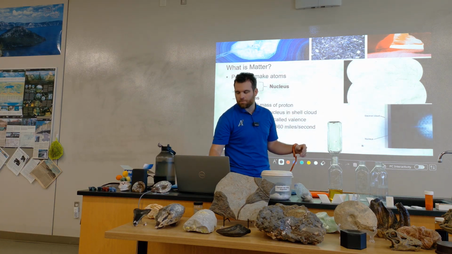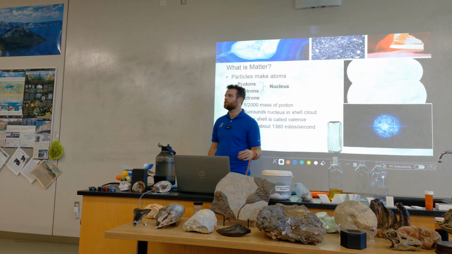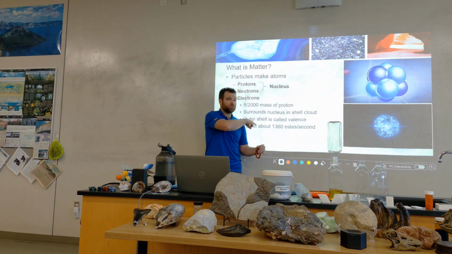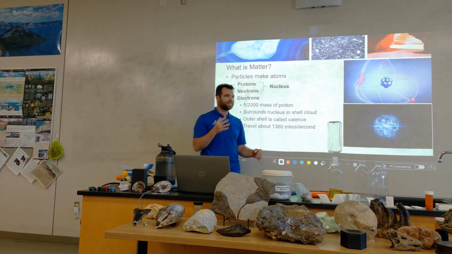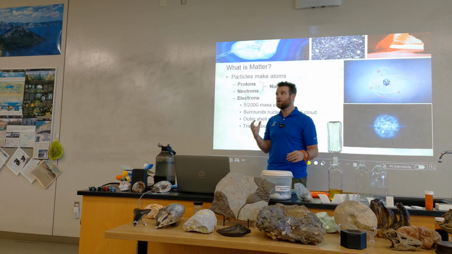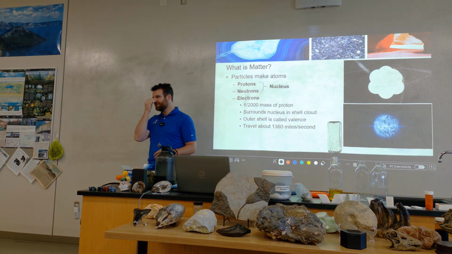What's actually happening is, think of it more like an electron cloud or shell, where the electrons are traveling so fast, about 1,360 miles a second, that they are essentially making a solid barrier a certain distance away from the nucleus. Now, why is this important?